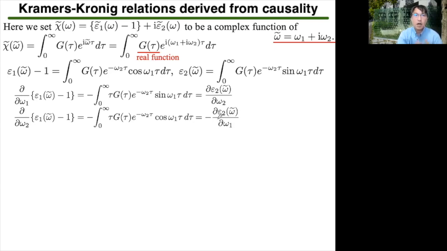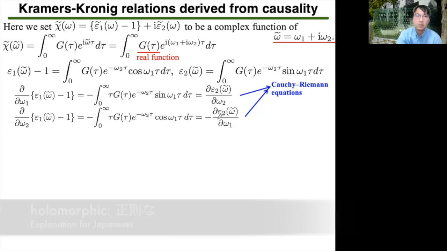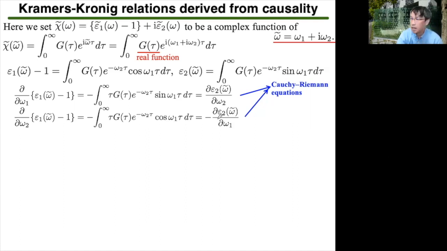These relations are equivalent to the Cauchy-Riemann equations, which guarantee the holomorphic nature of the complex function in complex analysis. Therefore, we find the electric susceptibility chi-tilde is holomorphic in the positive imaginary part plane.